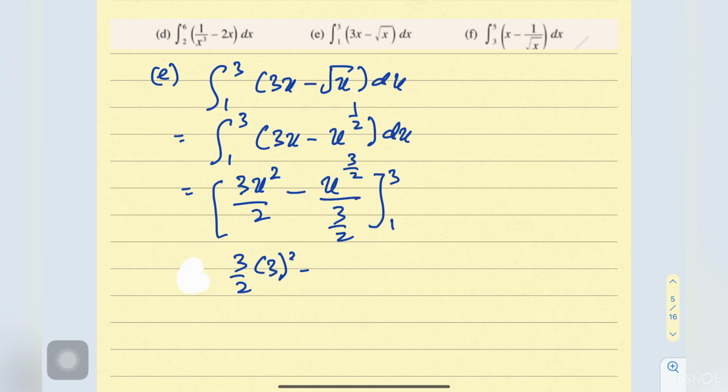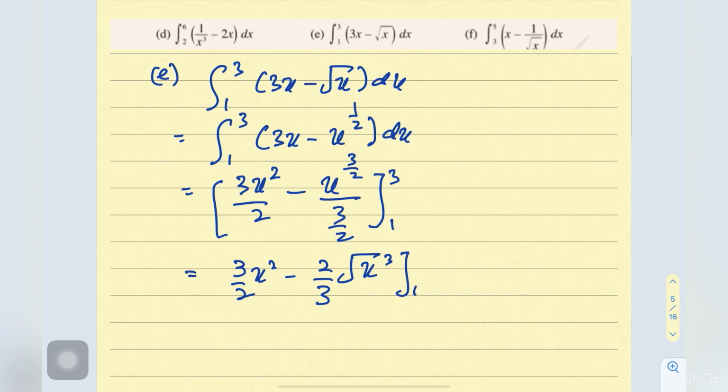We simplify to become 3 over 2 x squared minus 2 over 3 square root of x cubed, from 1 to 3.